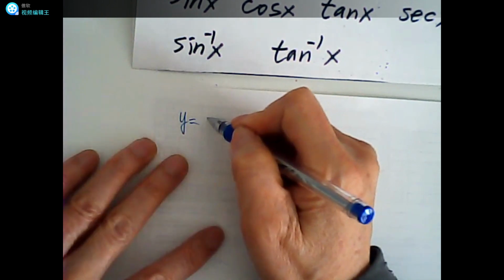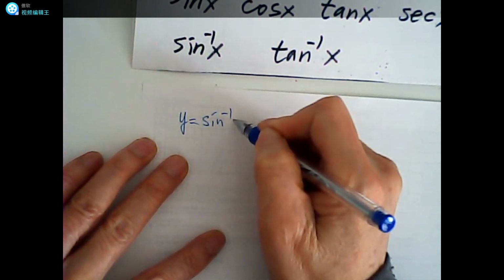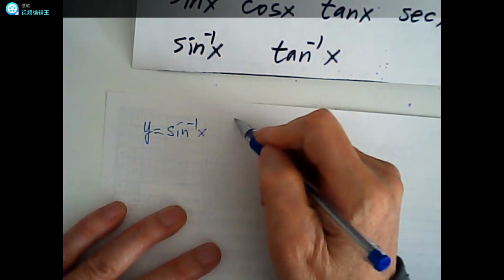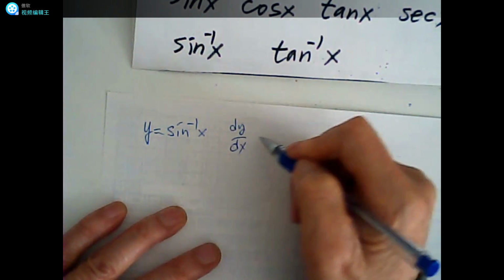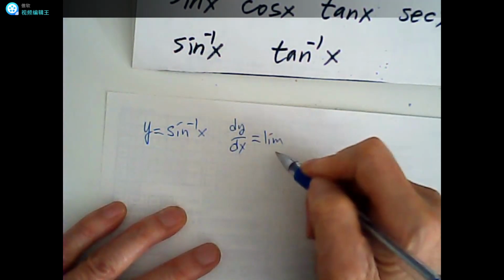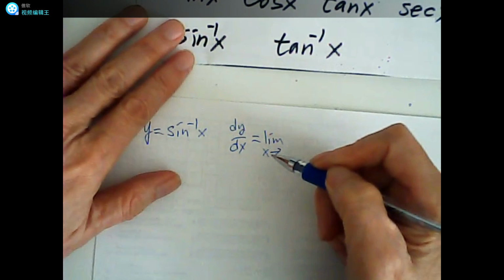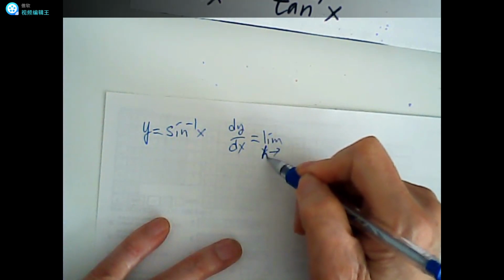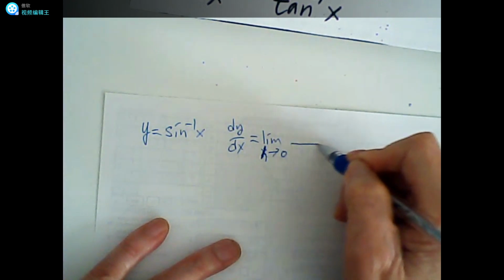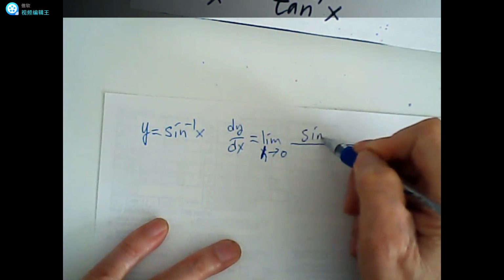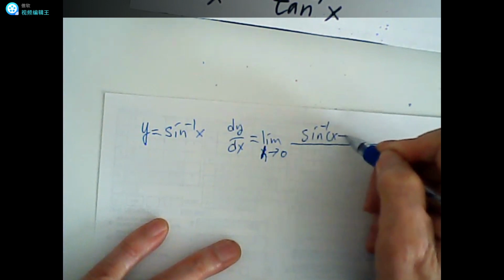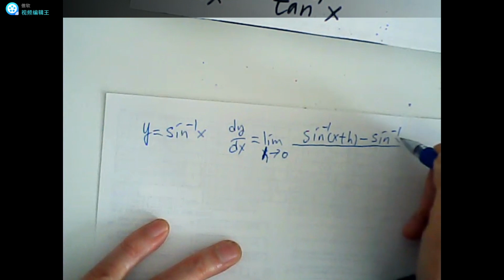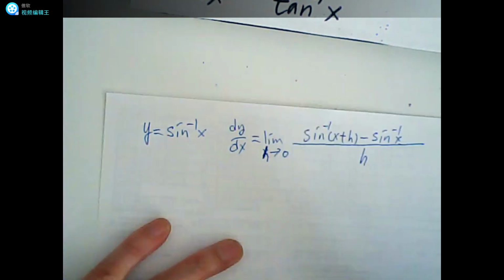y is equal to arcsine of x. Now we want to find dy/dx, right? This is equal to the limit as h goes to 0 of arcsine(x plus h) minus arcsine(x), over h.